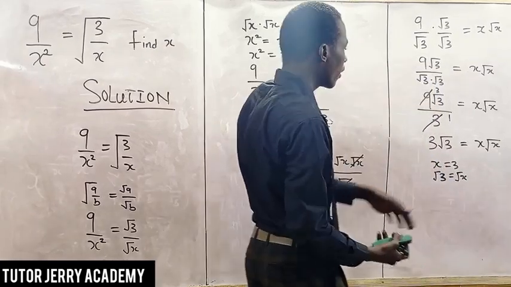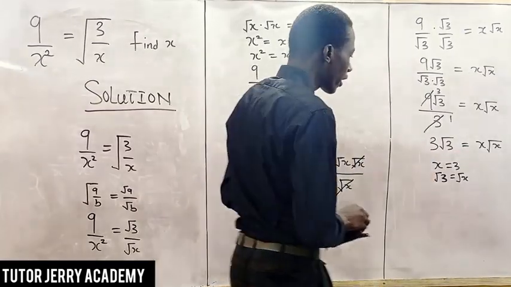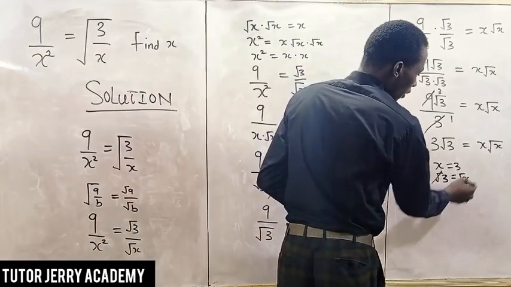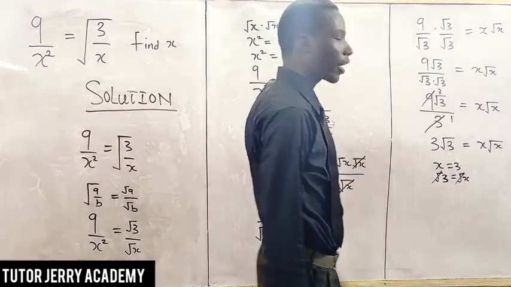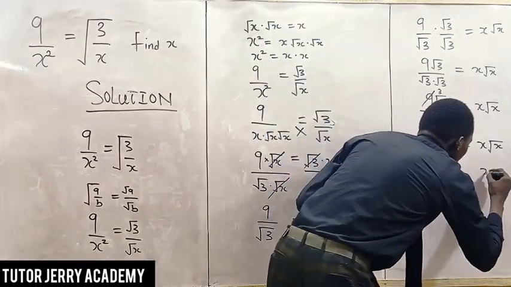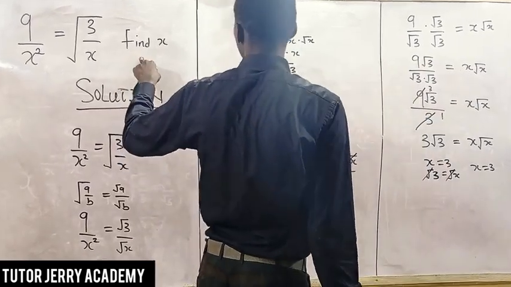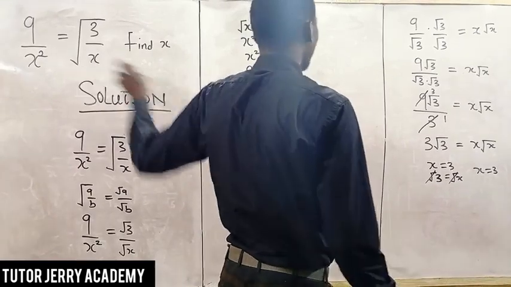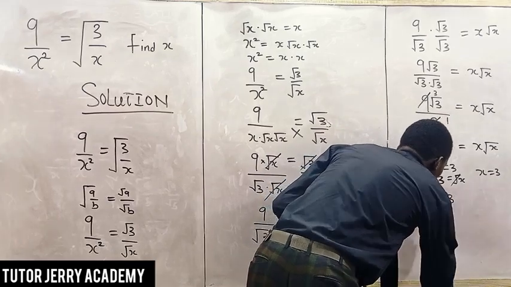So if we compare the left hand side of this equation with the right hand side, this is what we will get. And we know that the root of 3 can go with the root of x, which implies that x will be equal to 3. So the value of x in this equation is x equals 3.